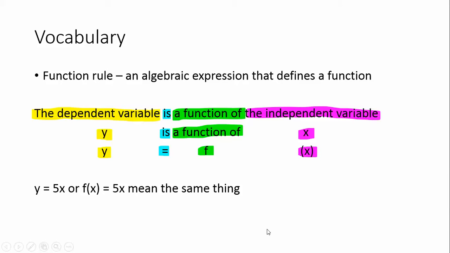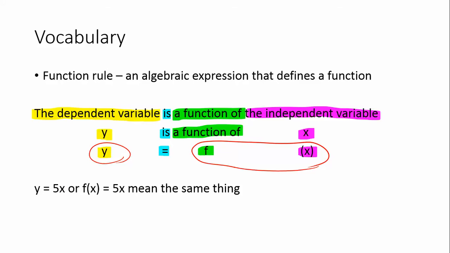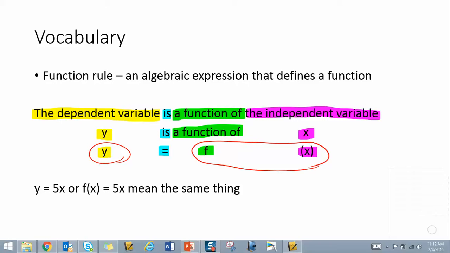And for a function, we're going to start using this term f of x. So when we say y equals f of x, we're saying that these two pieces are interchangeable. So you can either write y or you can write f of x, and they indicate the same thing. So if I say y equals 5x or f of x equals 5x, we're saying the exact same thing.